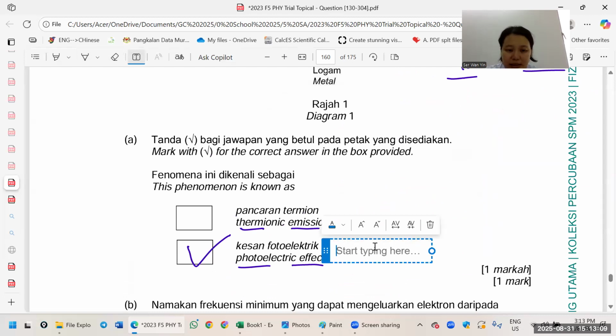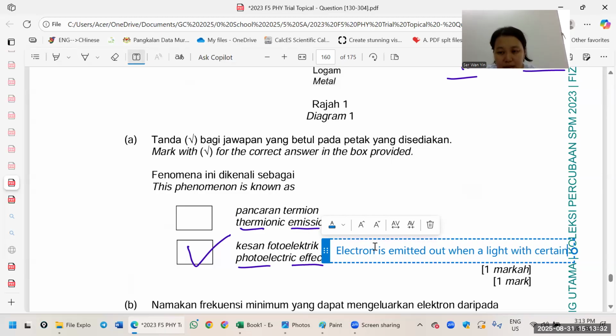Photoelectric effect is electron is emitted out when a light wave of certain frequency is shone, or we say is illuminated.